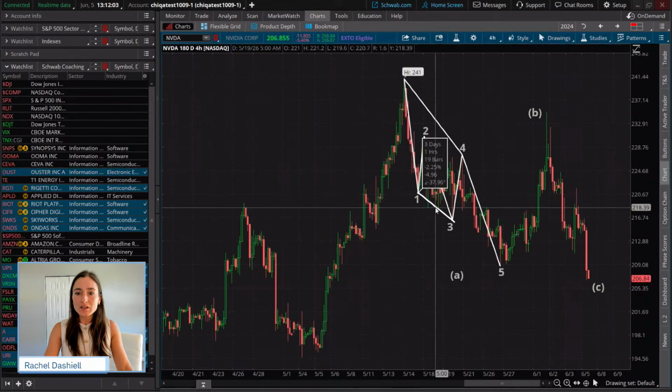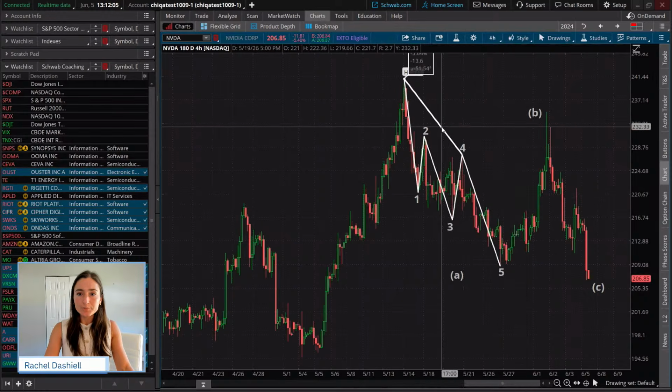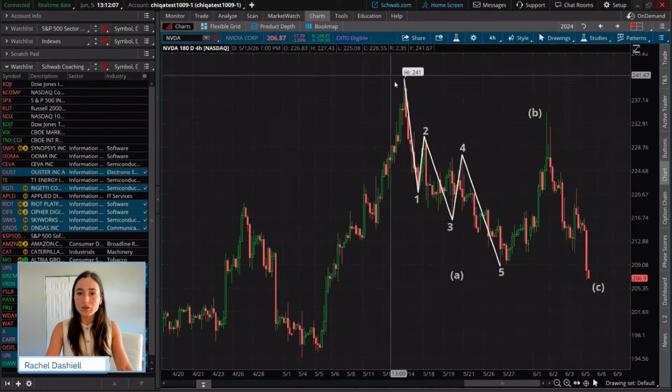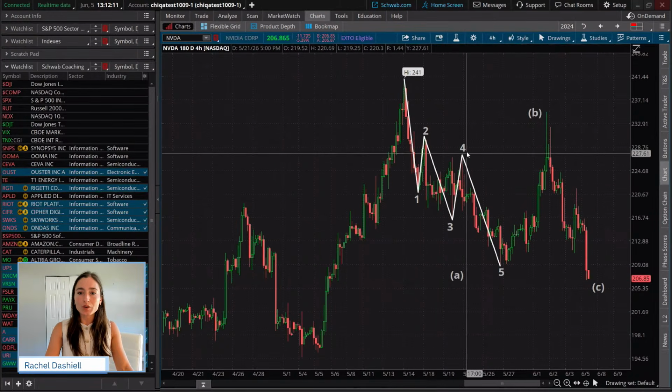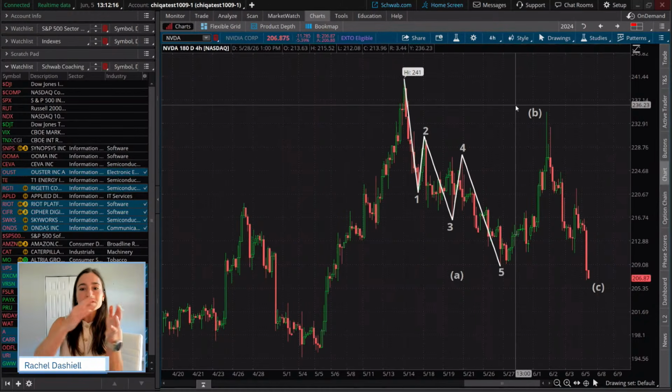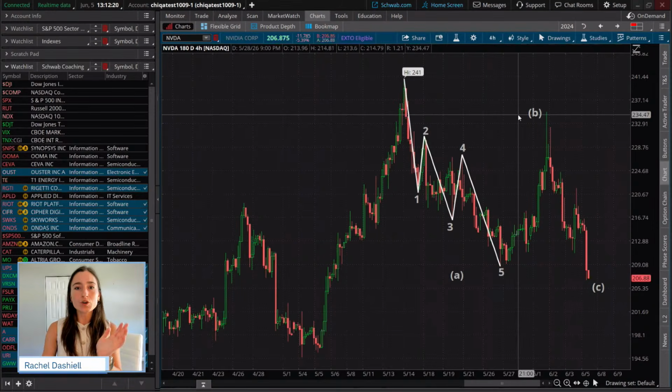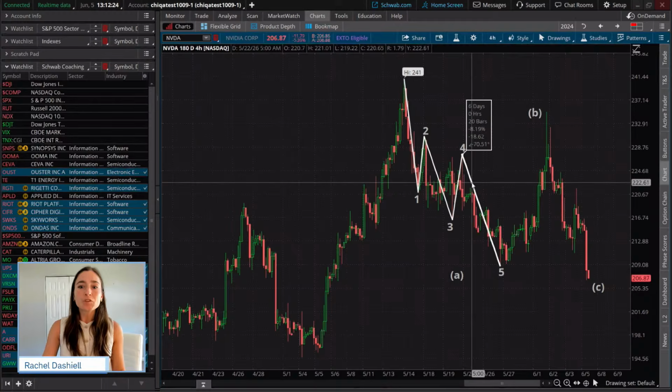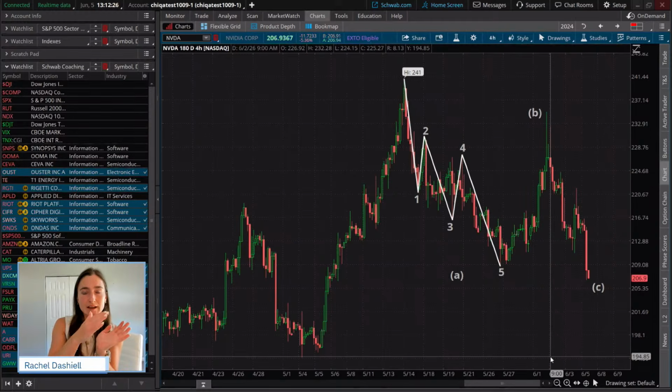So what we have here is a leading diagonal. And remember, I said diagonals are the only ones where you can have price actually enter into the territory of wave 1. That basically means you have almost like a wedge type pattern in the beginning portion of that 5-wave move, and usually your wave 5 ends up being extended. So that's what a leading diagonal is.